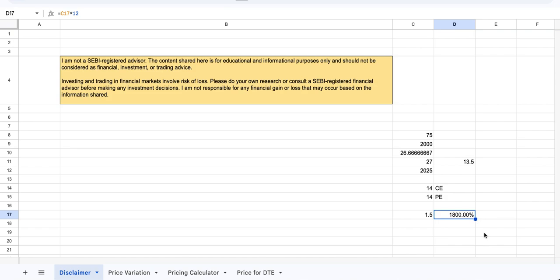So 18% means, what is the FD interest rate? That is something like 7%, right? So if you put the money in FD, this is giving almost 2.5 times of FD. And the second thing is, FD you have to keep for a long time.